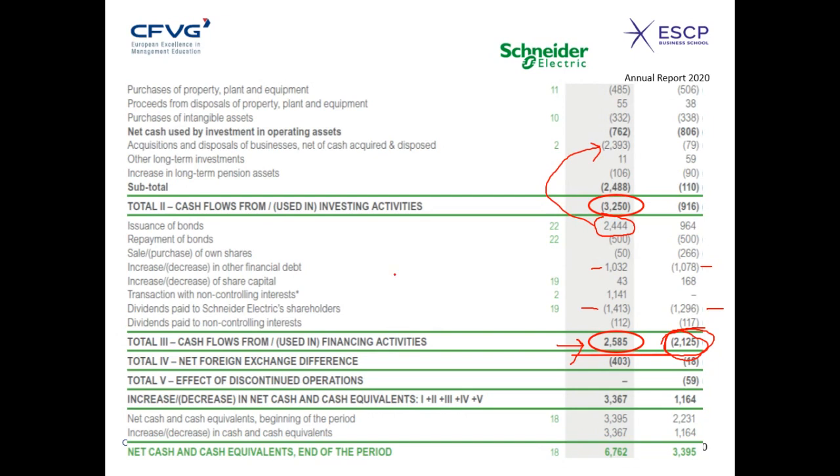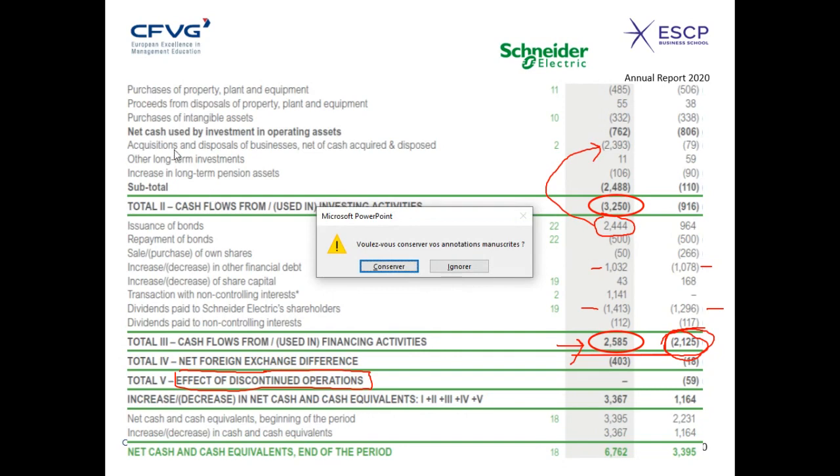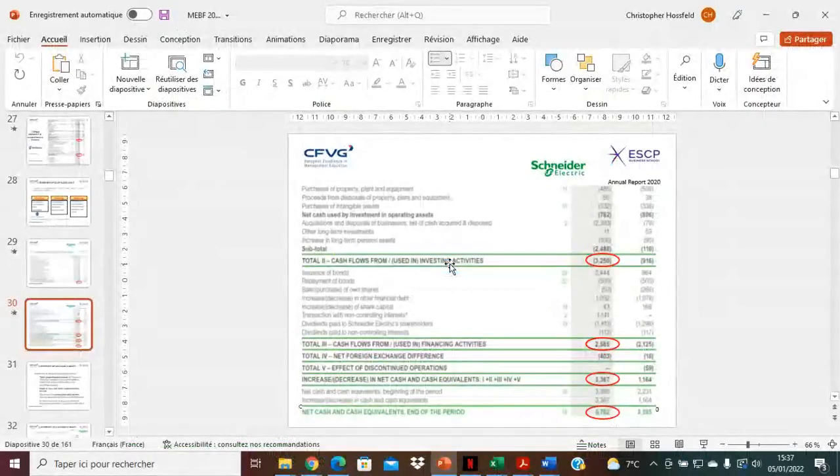Okay, now there was a question from Dongfang. I suppose you are referring here to the effect of discontinued operations. Discontinued, not discounted, discontinued operations. Well, this is something that we see not only in the cash flow statement, but also in other statements.